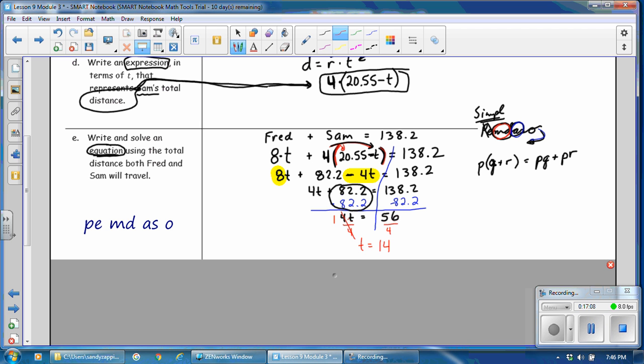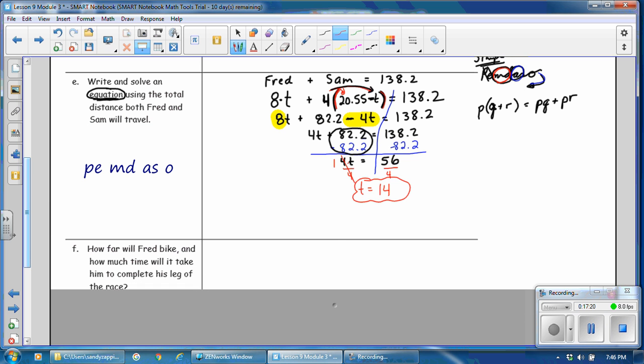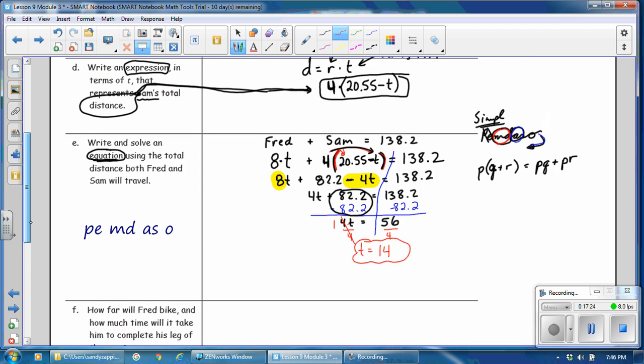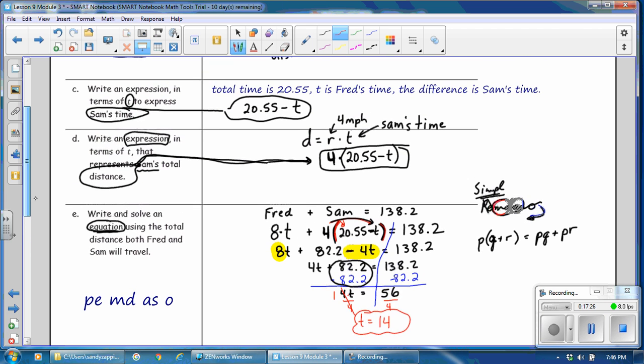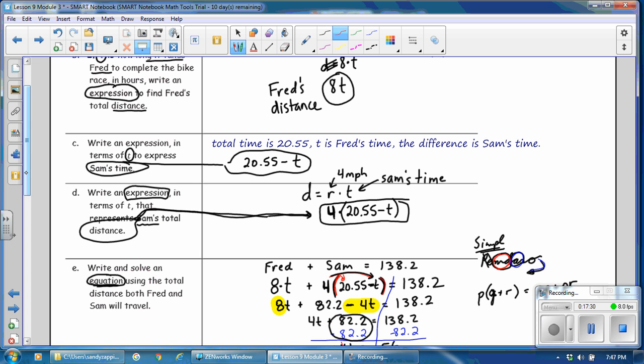It says write and solve an equation using the total distance both Fred and Sam will travel. So what we came up with was t equals 14. But 14 what? What does that t represent? So let's go back and see what t represents. Write an expression. Here we go.